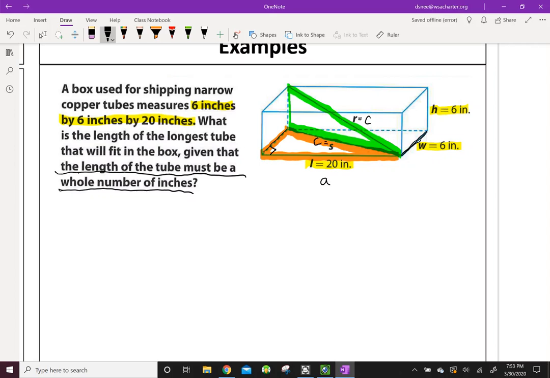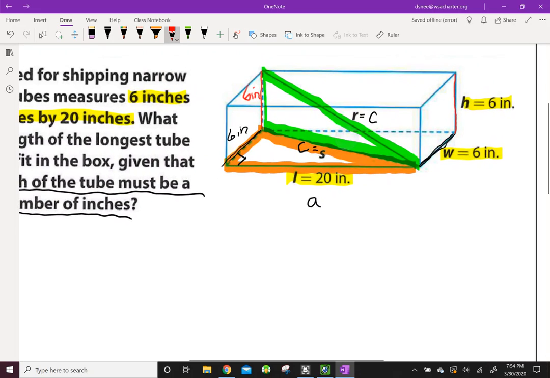So this side here is also 6 inches. And this right here, the height, is 6 inches. I'm going to make that red. That's 6 inches. So this over here is also 6 inches.